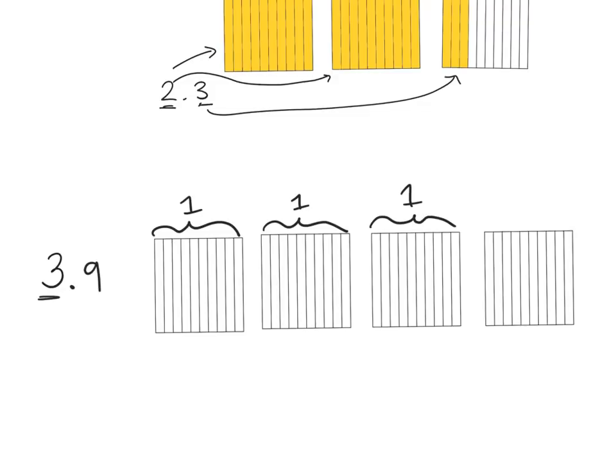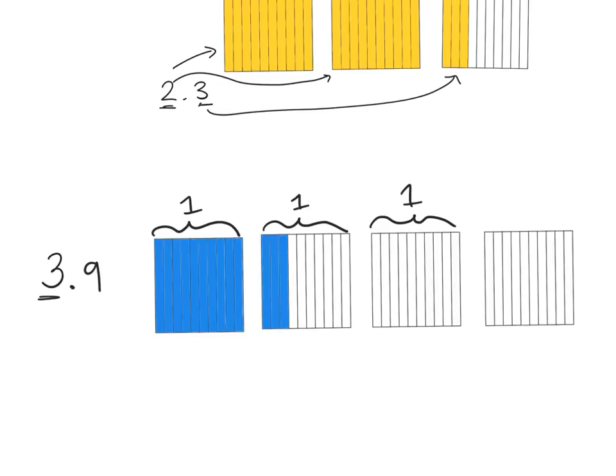I'm going to go ahead and do that now. Here's the first one. Oh, missed a couple. There's 1 whole. There's 2 wholes.